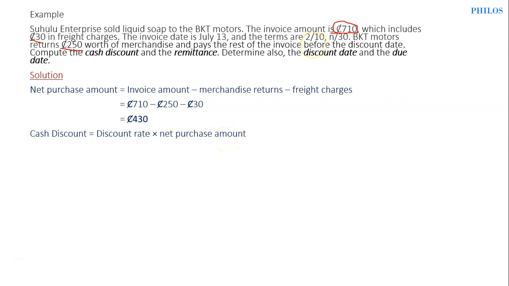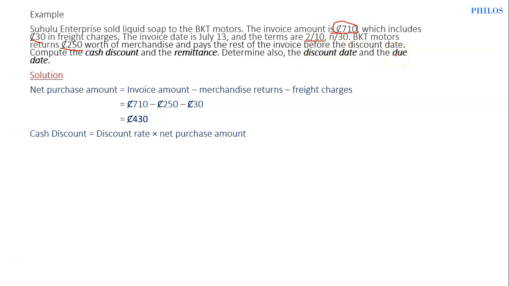Now what is the cash discount rate according to the question? The question says 2/10, meaning 2% in 10 days. Now, when you look at the question carefully, they said he pays the rest of the invoice before the discount date, meaning he qualifies for the discount because he pays before the discount date.